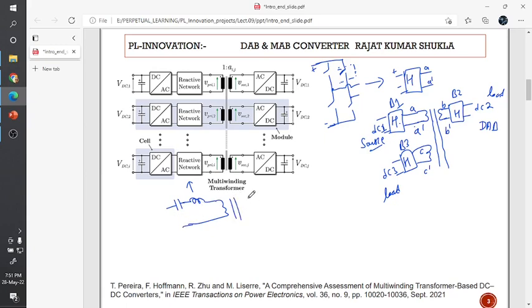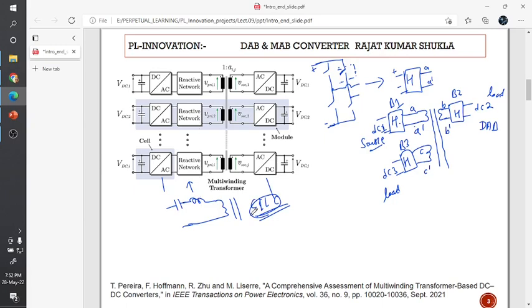One of the famous topologies of the dual active bridge configuration is called the CLLC topology of the dual active bridge converter. The H bridges are the same, but whether you use the CLLC network or a simple inductance network, this is a representation of it.